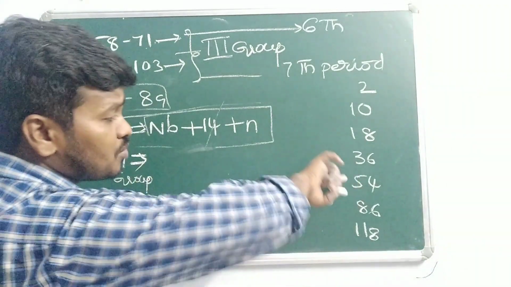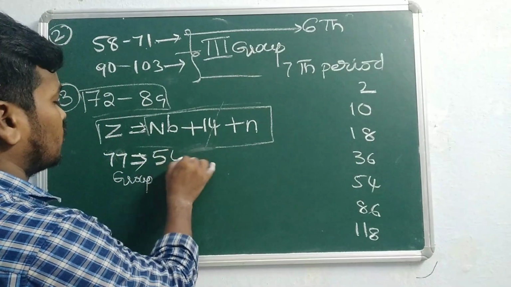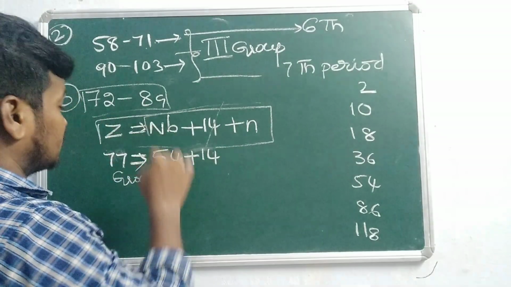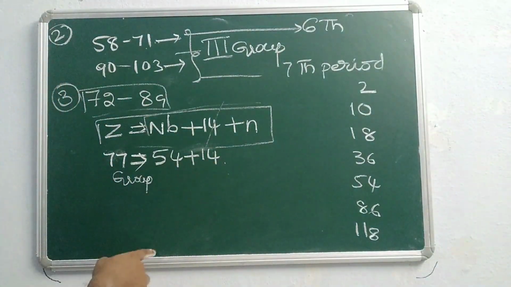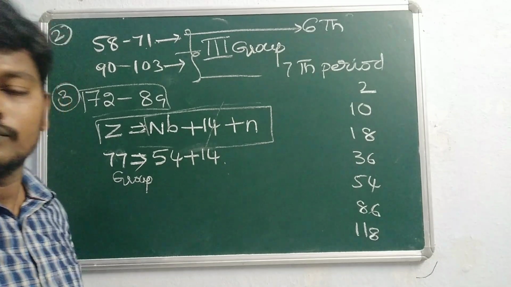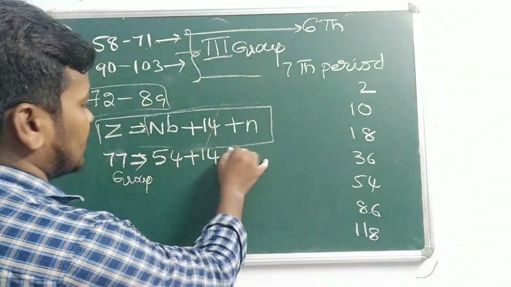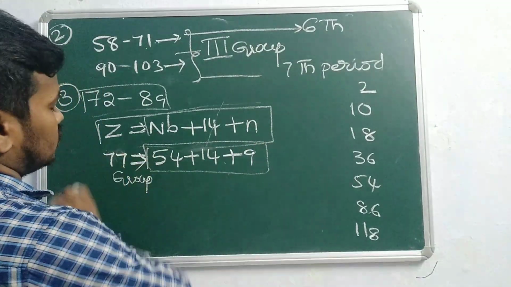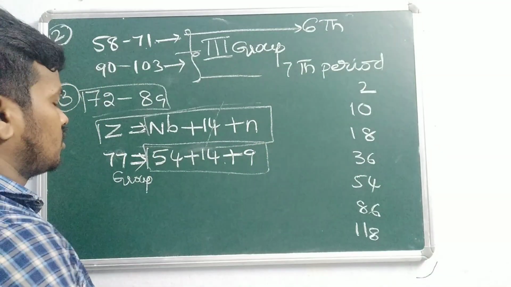What is the noble gas before 77? It is 54. So 54 plus 14 is equal to 68. Plus 9, the total should be equal to 77.